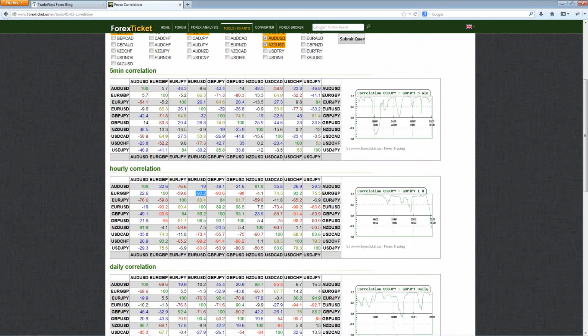Let's use this euro dollar and U.S. franc, this one that has such a high negative correlation that they should always move in opposite directions, right? I'm going to show you how you can find those inconsistencies and actually trade them, times when you could trade them at the same time to make a profit.